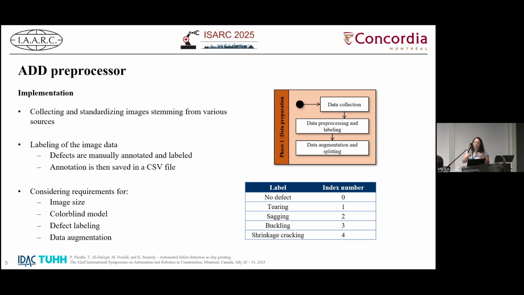Also, we have to consider the design intent when labeling defects, because sometimes the structures have details with a functionality that may be confused with a defect. And we also have to consider data augmentation, because besides having a very limited data set size, we also need to improve the robustness of the model.